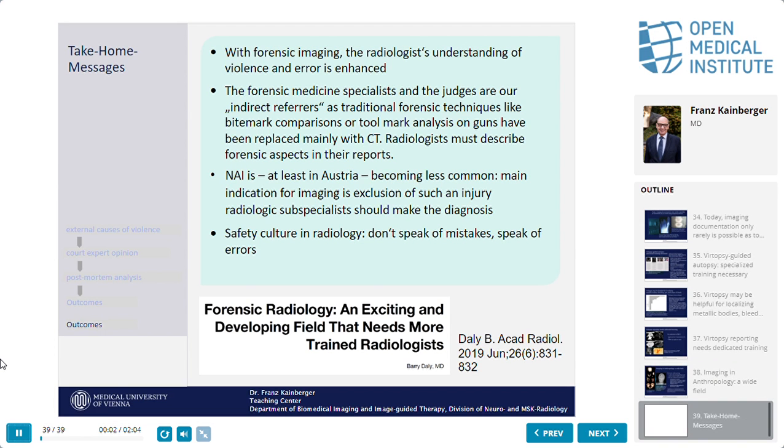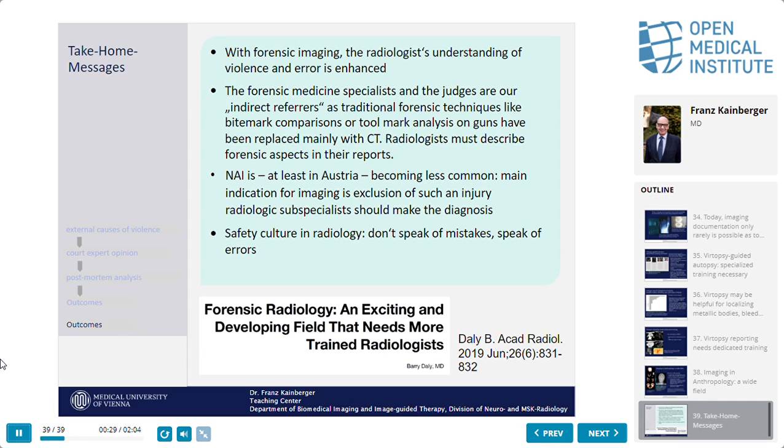So, take-home messages. With forensic imaging, the radiologist's understanding of violence and error is enhanced. It's a really fascinating world to see all the problems we have in our daily clinical practice, but from this perspective, seeing them afterwards. And I personally had the chance to learn an enormous amount in these discussions with the forensic medicine specialists.